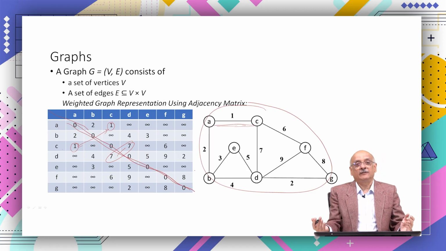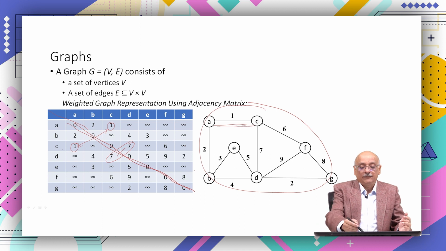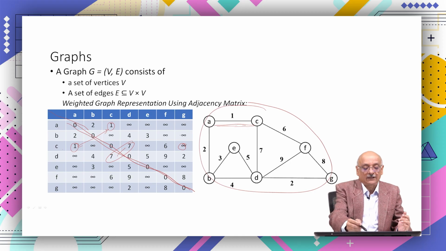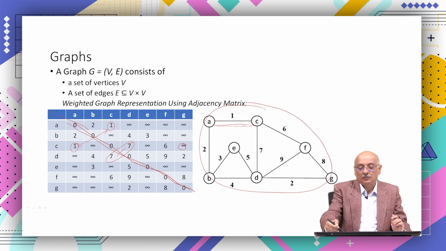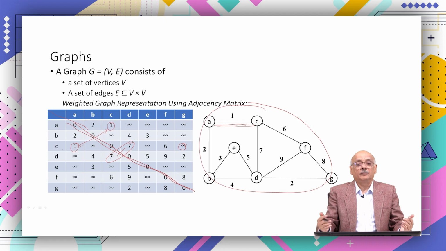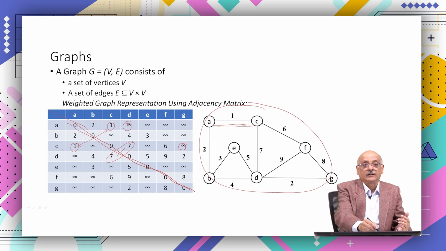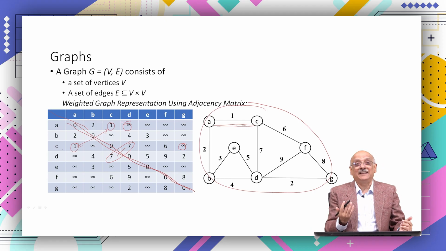And as informed in the previous case, infinite is used when there is no direct edge from A to that particular node. For example, A to D, there is no direct edge. Therefore, we have put an infinite in this particular case. Now, what can this infinite be? Many times people may ask, what is this infinite value?